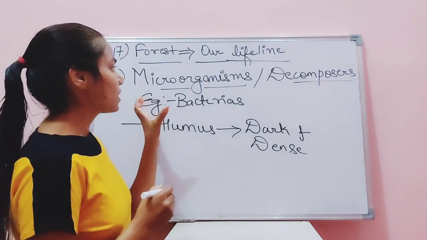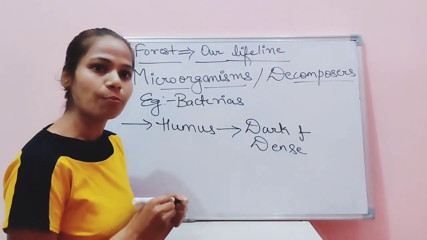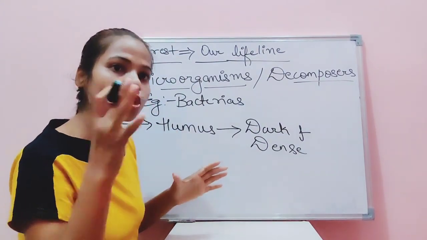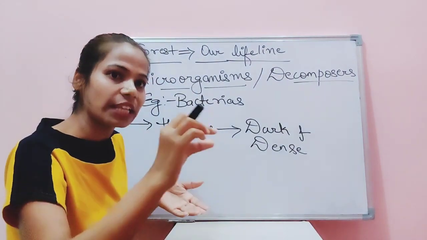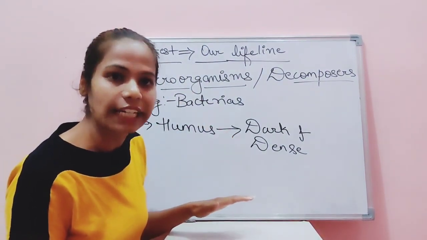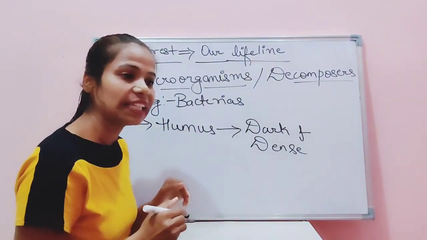Hello children, let's have a look at the third topic, microorganisms, decomposers. What do we understand by microorganisms, children? Those organisms which are found in microform. They are very small, very tiny. You cannot observe them through the naked eye. Example, bacteria.